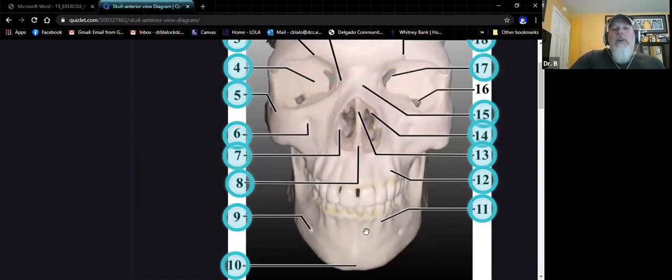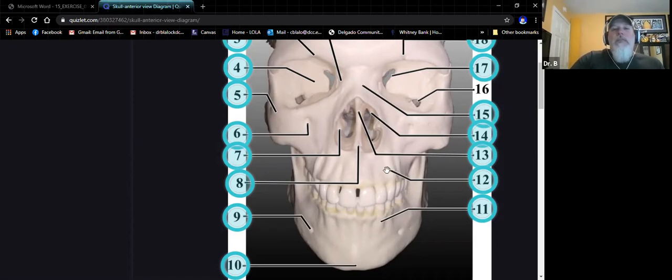Now, we have our lower jawbone here, which is one solid piece of bone. And then we have our upper jawbones here, which are going to be two separate bones. The upper jawbones are referred to as the maxilla, and the lower jawbone is referred to as the mandible. Now you'll notice these ridges that we see here that are forming the sockets for the teeth.